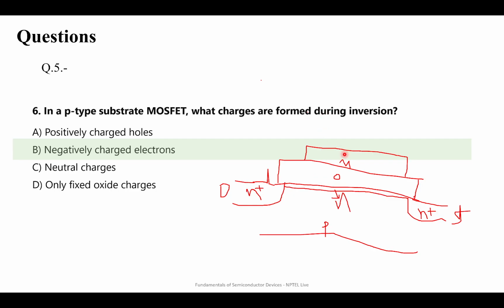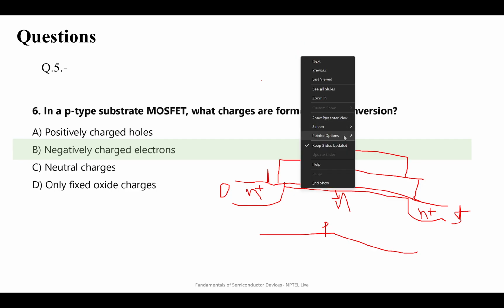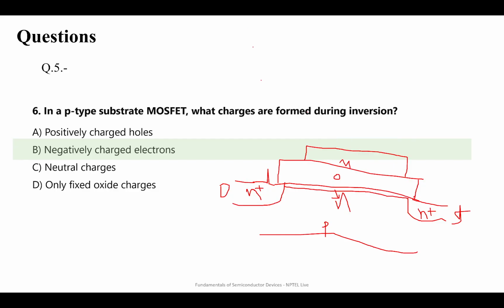So when you have a MOS cap, the graph that you draw is for metal, oxide and semiconductor, with respect to work function.